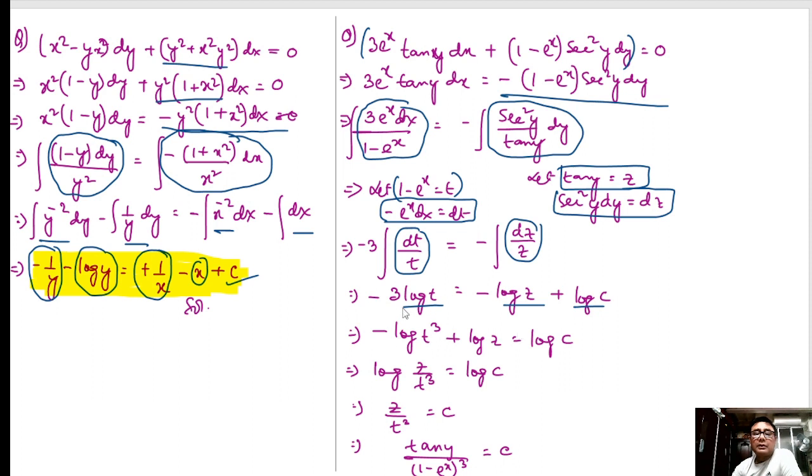Now this is written like this. So this is log a minus log b. So log a minus log b is log a by b. So log and log cuts.